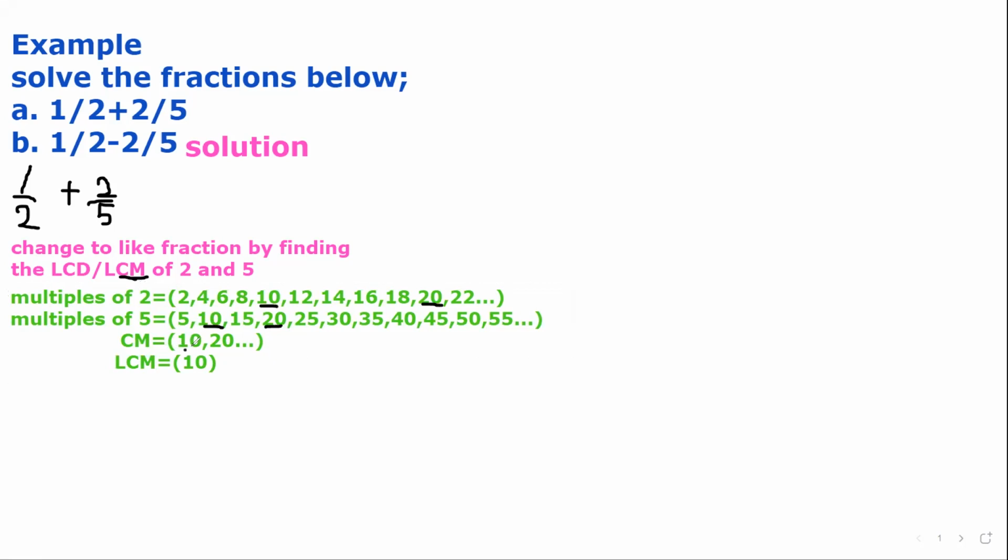Now, with this, 10 is the lowest in the common multiples, and therefore our LCD is 10. What's the meaning of getting 10 as LCD or the LCM? It means that we are going to write another fraction for this 1/2 and 2/5, but we will make sure that the new denominator will be 10 so that they will all be like fractions. Okay, good. So our new denominator will be 10 here.